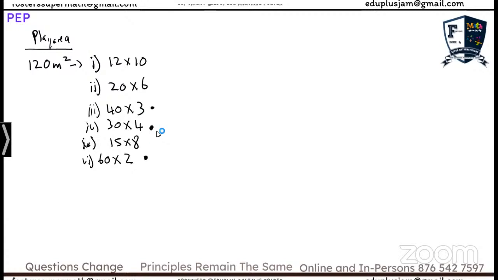Is there anyone who can figure out why it would be impossible to use those 3 dimensions? So I'll give you a minute to think about that, and then you can write your answers in the chat or answer me at the same time, right? So out of those 6 options that are on the screen, why is it that those 3 would not be possible options that we can use?